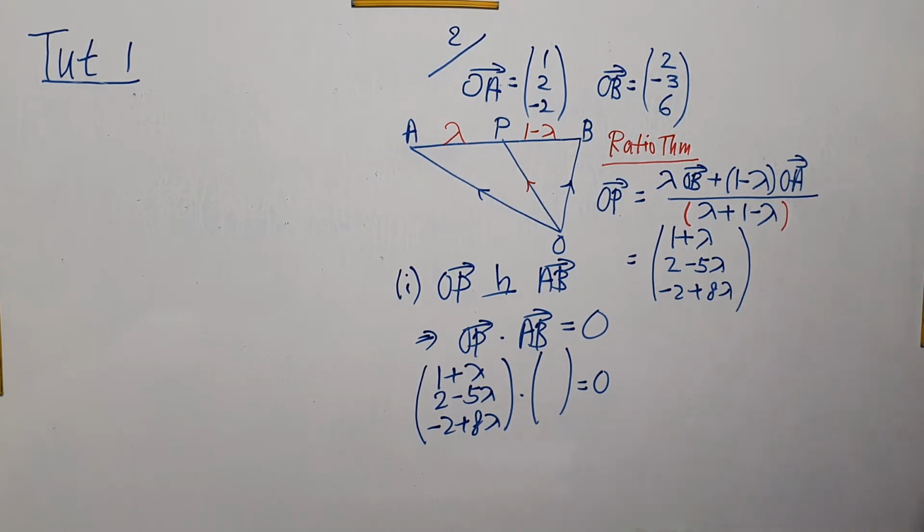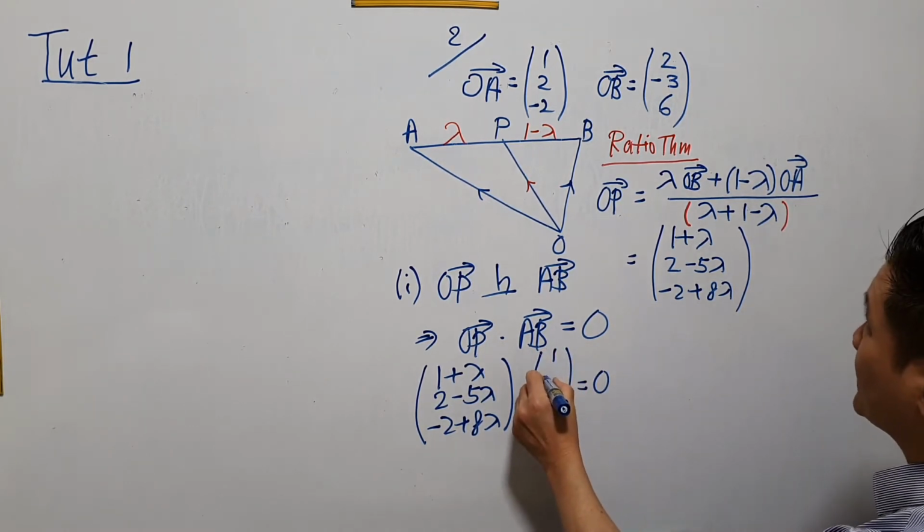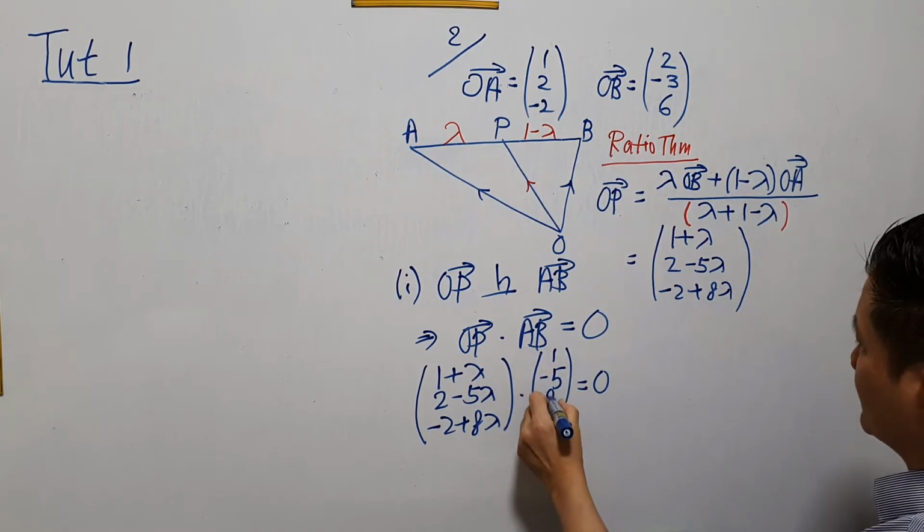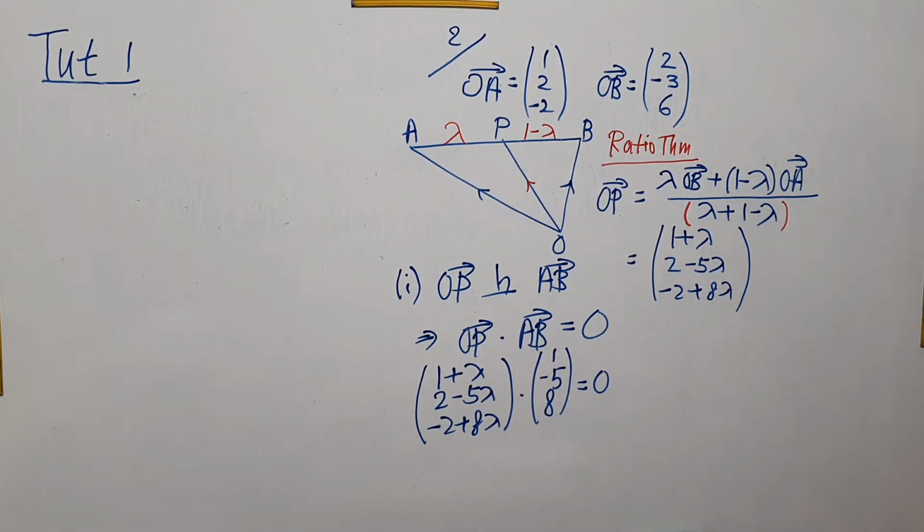So this gives you 1, minus 5, 8. And then perform the dot product of this vector with this vector. What I normally do is deal with the numerals first. I take 1 times 1, 2 times minus 5, minus 9, minus 9 minus 16 gives me minus 25.